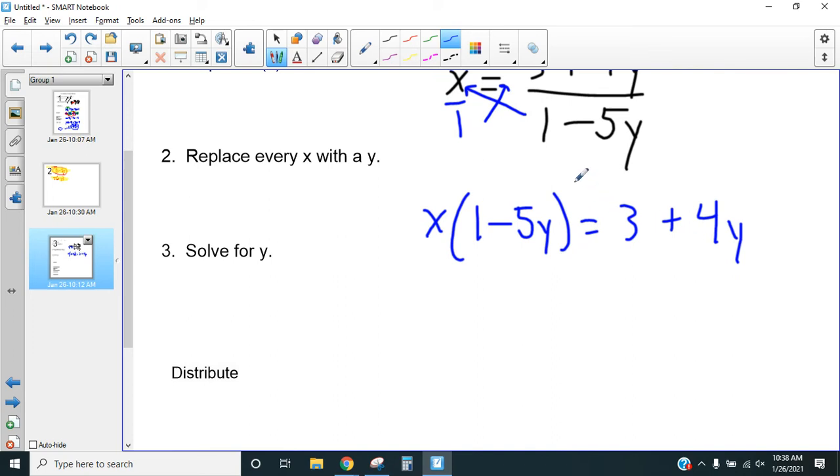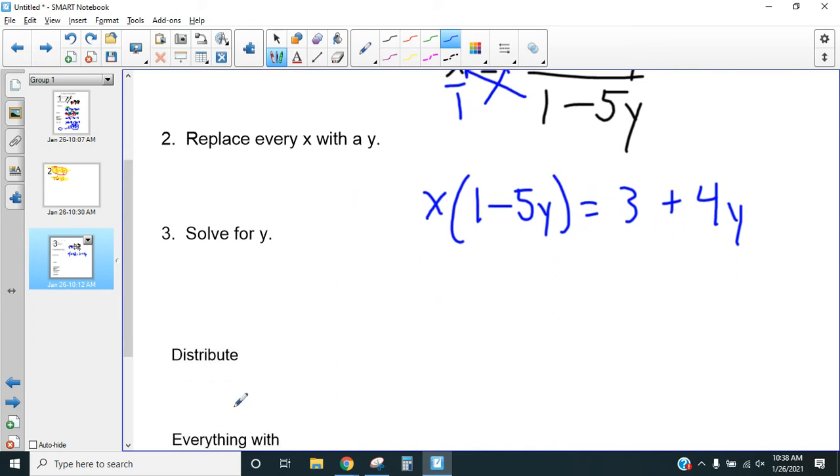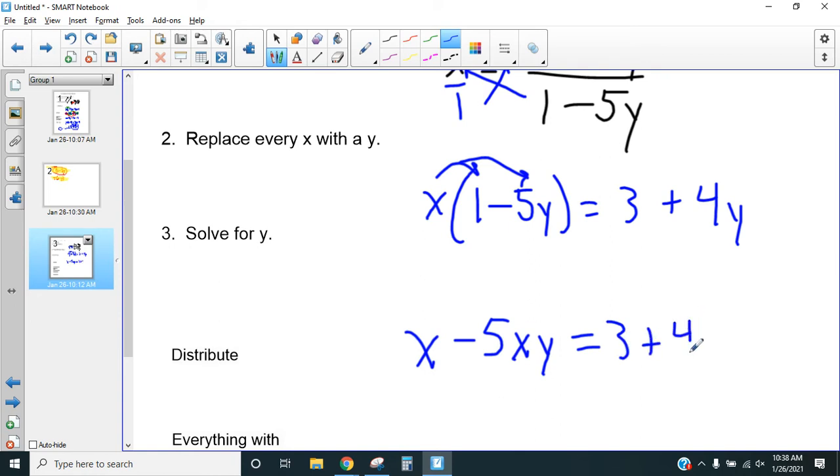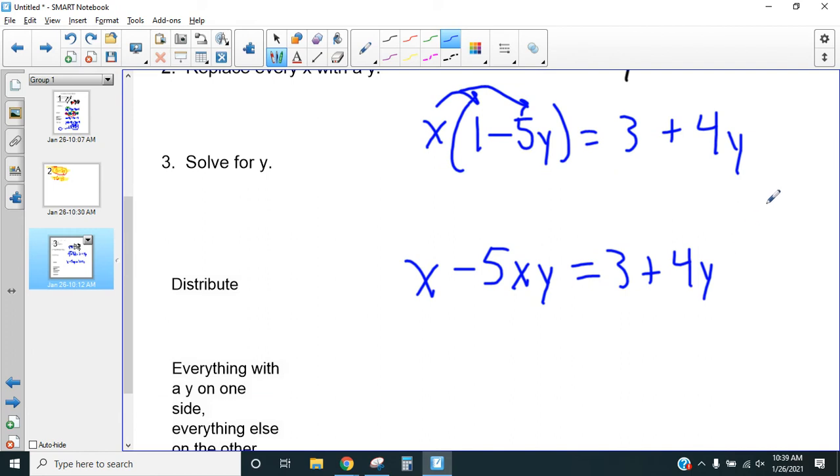All right, so from there, next step, distribute. Okay, looking a little funky. That's okay.